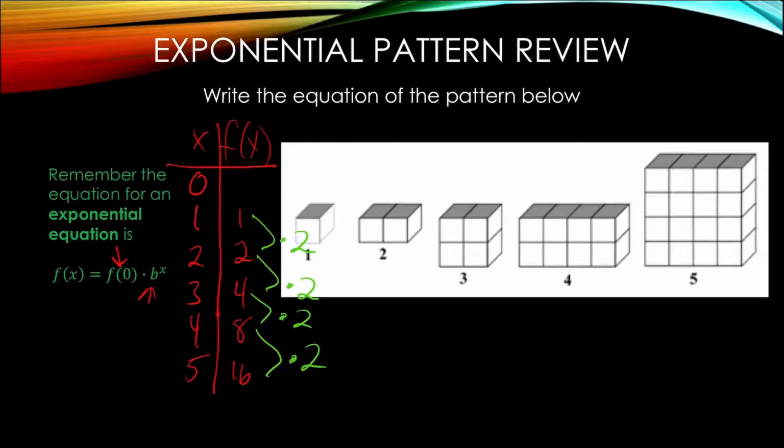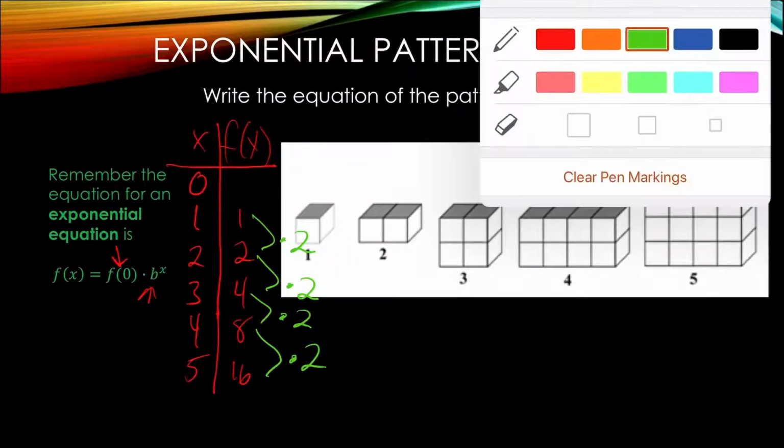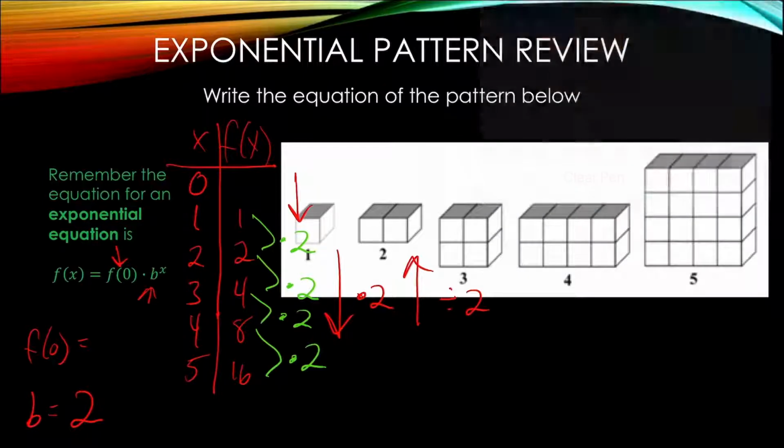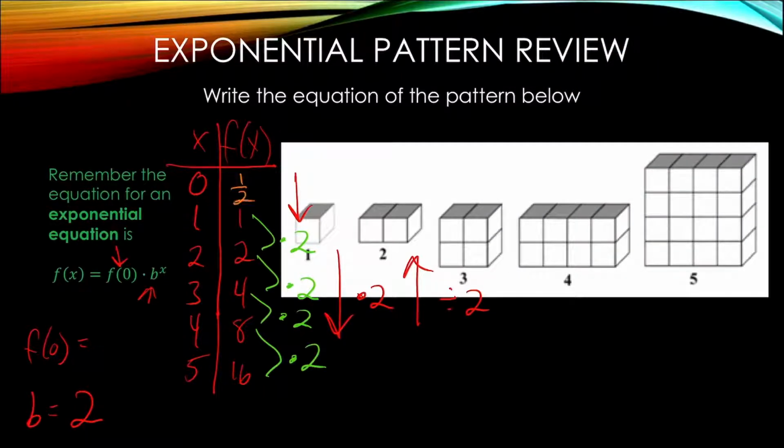So what I need here is that f at 0 and that b value, which is my common ratio. That's this 2 here. So my common ratio, or my b value, is 2. Now I need that 0. Since as I'm moving down, I'm multiplying by 2, to go upwards, I need to divide by 2. So 1 divided by 2 is going to be 1/2.